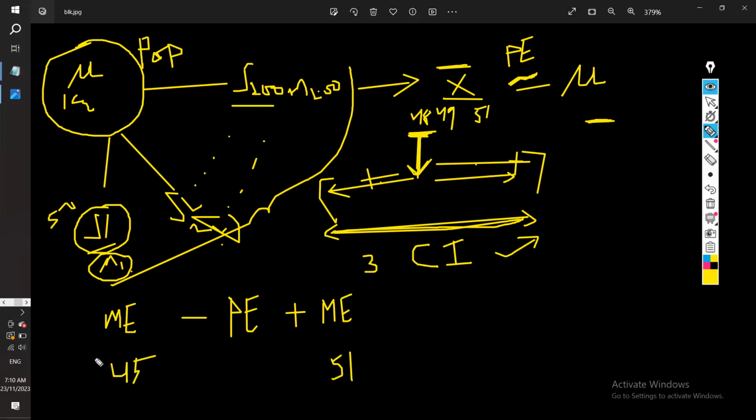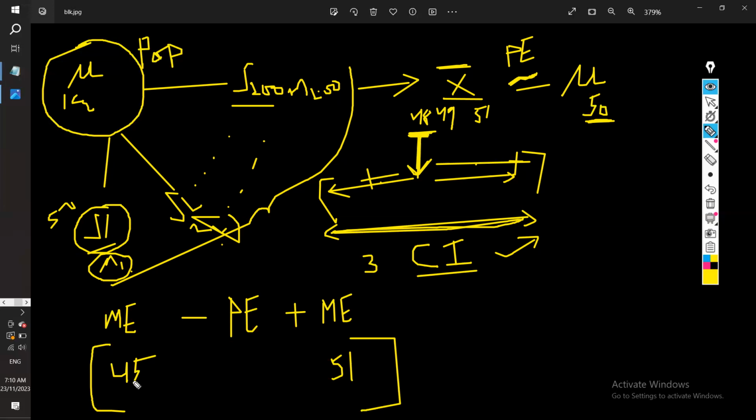So now, instead of me saying this 48, which is a point estimate, is exactly equal to the population mean, which is 50, which might be wrong, I can say I don't know whether this exact point estimate is equal to the population parameter mu or not. I am not very sure. But instead of that, I'll give you a range, which is called a confidence interval.